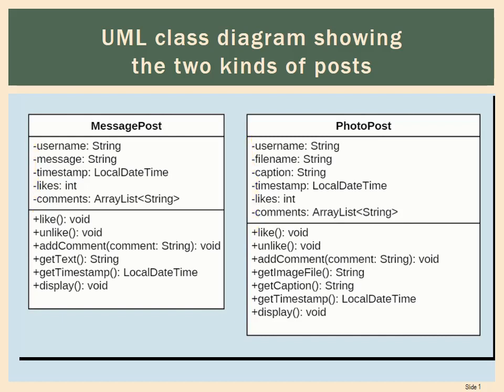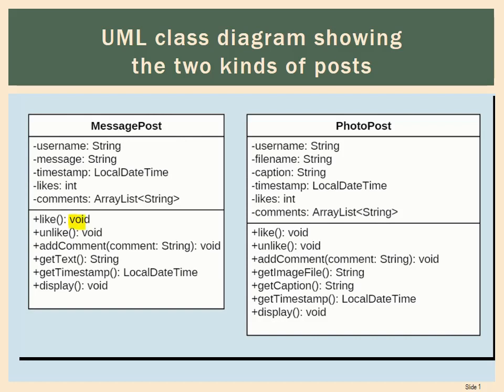The other part of the UML class diagram is down here. And these parts describe the methods of the class. So again, every method has this symbol in front of it. These all have a plus sign. The plus sign means that the method is public. Also, the methods are identified with their return type.